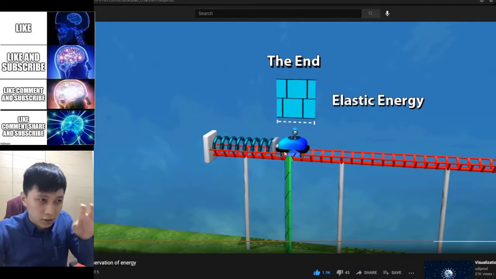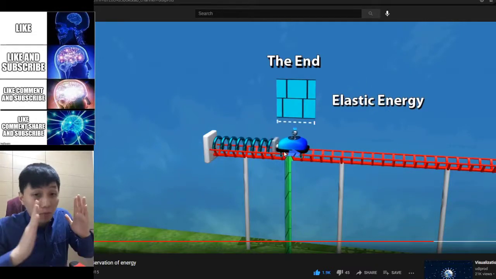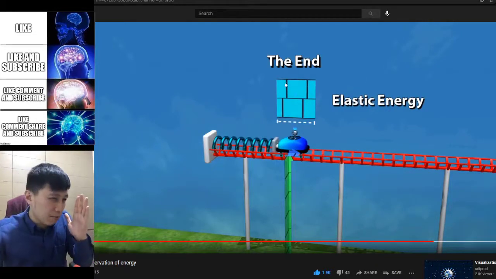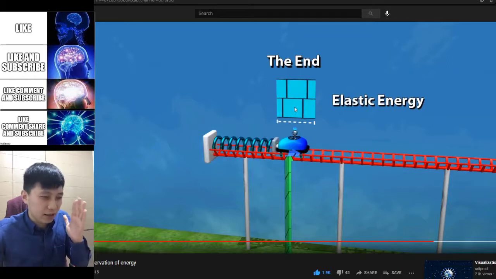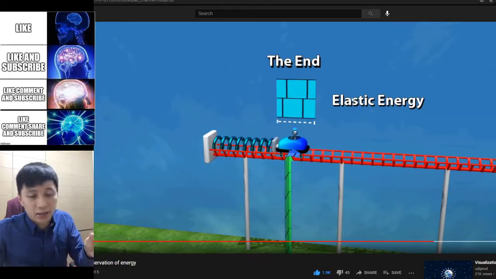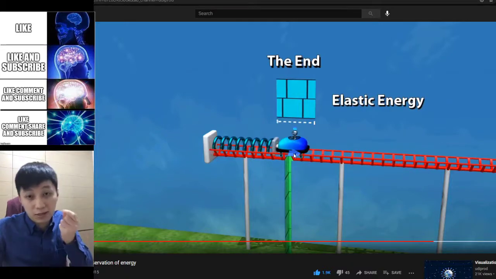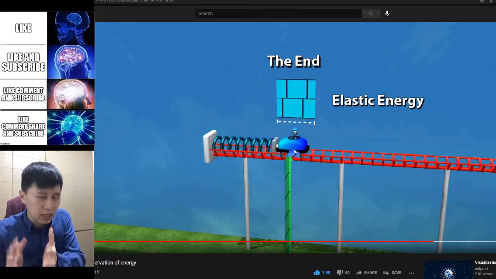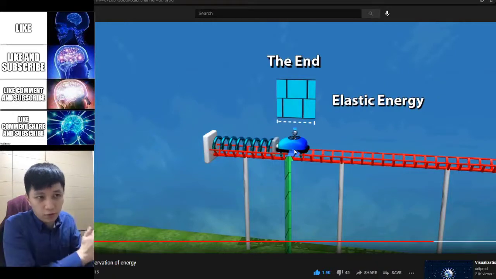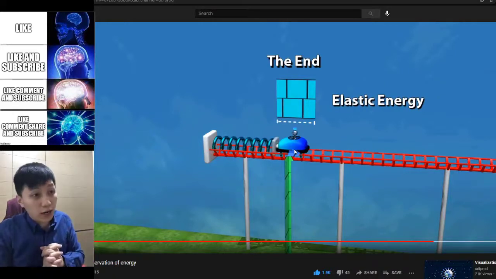Then when it's the most compressed, you should see 4 grids of elastic potential energy, while kinetic energy is momentarily 0, because all of the KE has been converted into elastic potential energy.